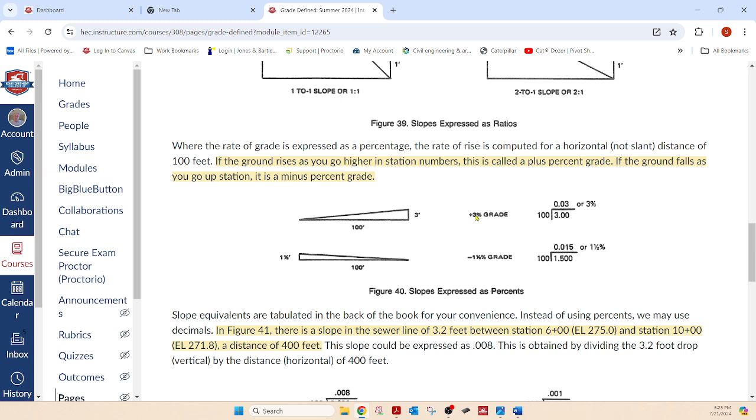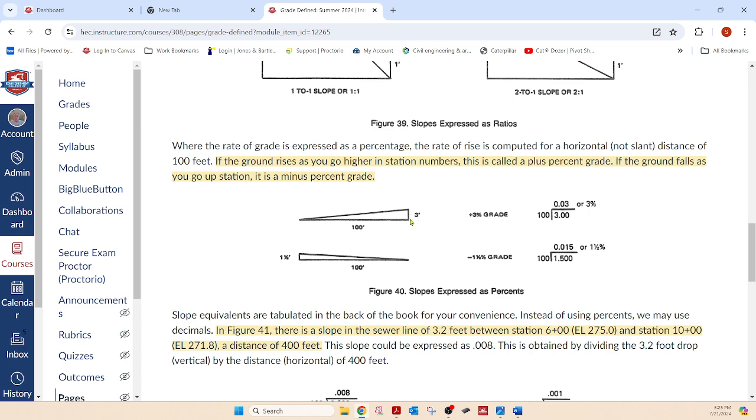Well, we kind of knew that going in, because 3% is 0.03. We don't manipulate percentages like 3%. We change it to a decimal. The formula for percent grade is the vertical divided by the horizontal, and that's what I did.